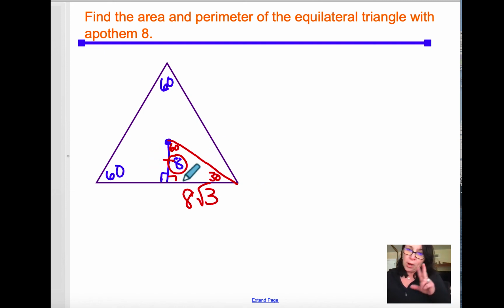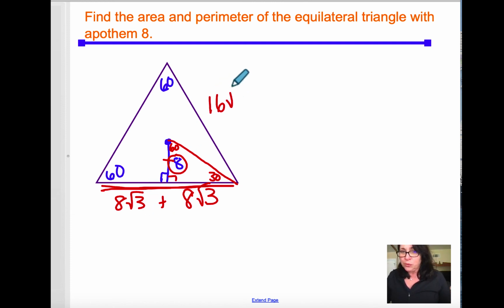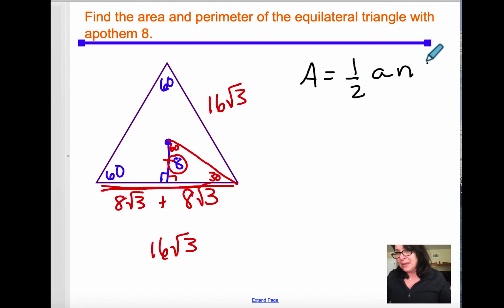So one way to do this is to say the length of one side here is 8 root 3 plus 8 root 3, and that makes 16 root 3. So that's the length of one side. Now, the other thing you need to know is the height. But in order to find the area, let me say this. Because this is a regular polygon, the area would be 1/2 ANS.